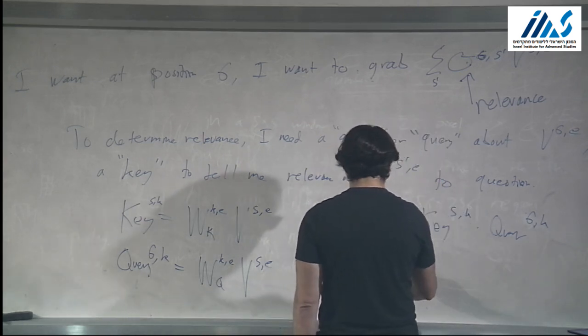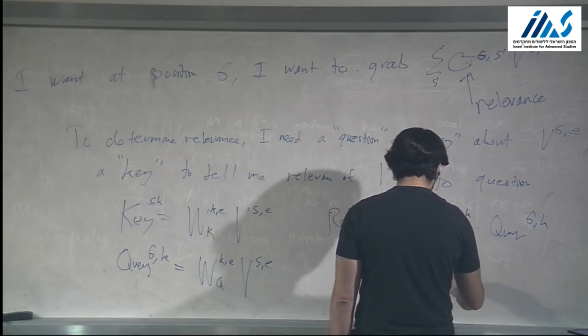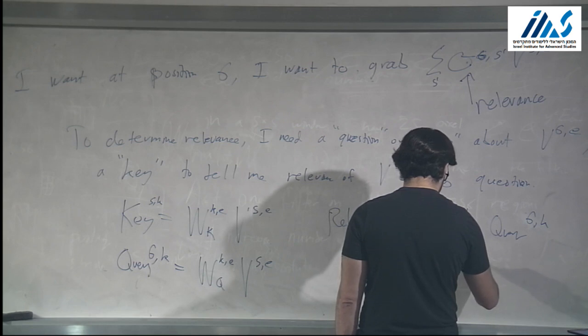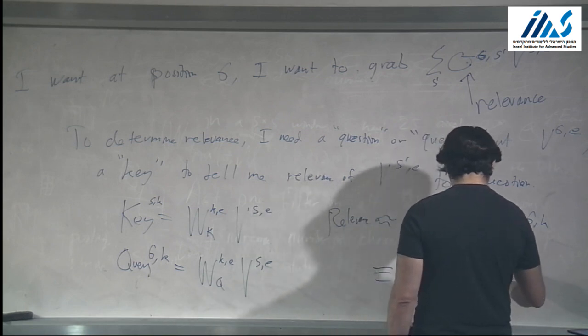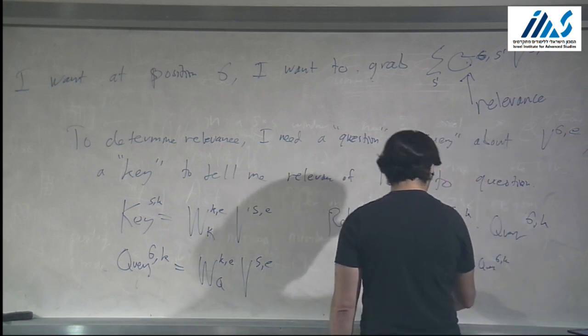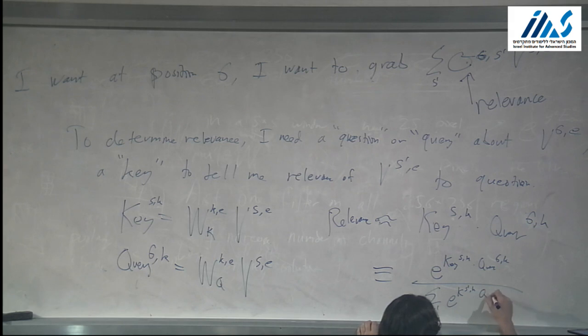In other words, really relevance is going to be e to the key s,k query 6,k over the sum on s prime of e to the k s prime q.